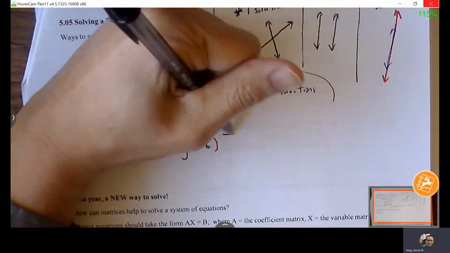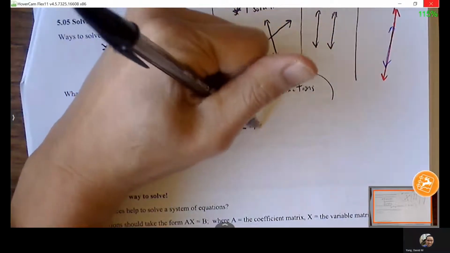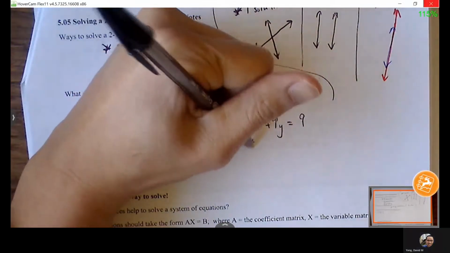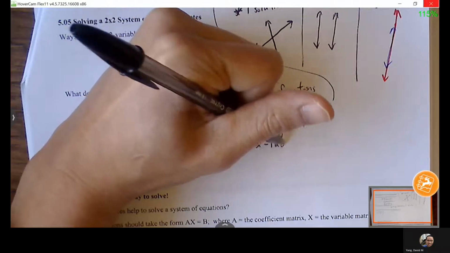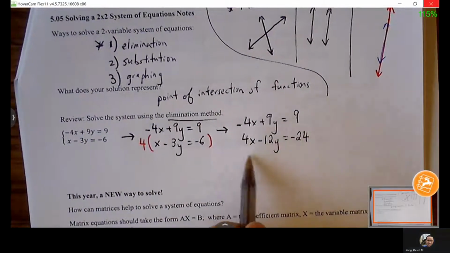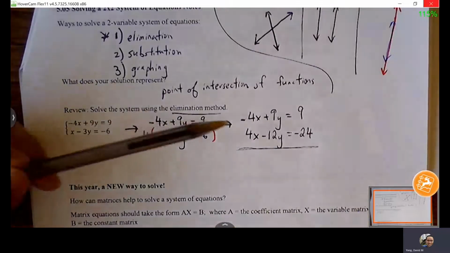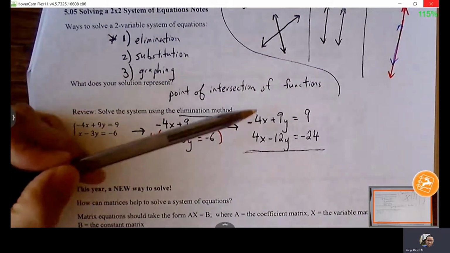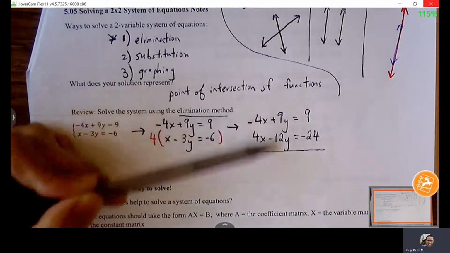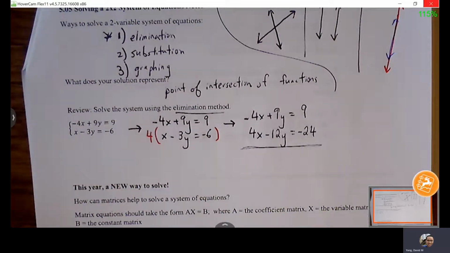So if I multiply a 4 through the second equation, let's just copy down the first one. We're strategically trying to get one of the variables to go away. We're able to get the x's to go away, right? Negative 4x plus 4x equals 0, so that goes away. Now let's add the other columns. Negative 12y plus 9y.